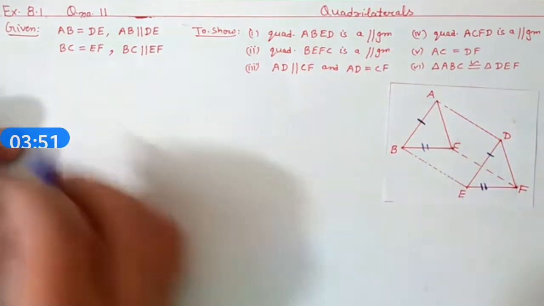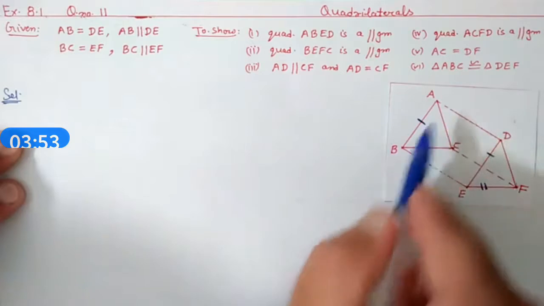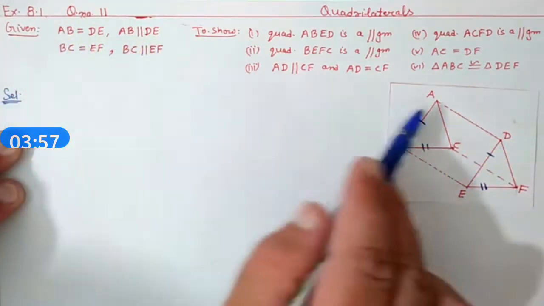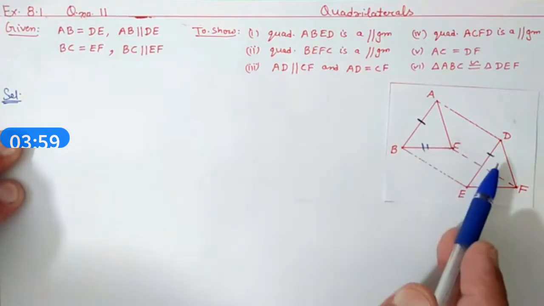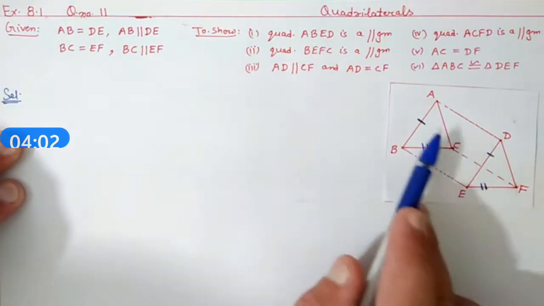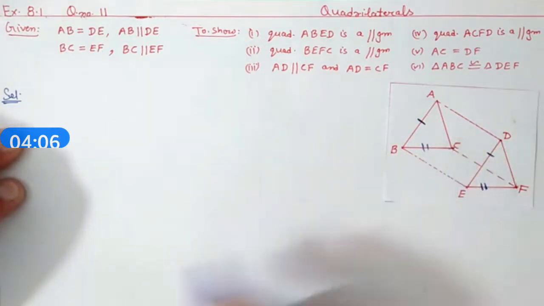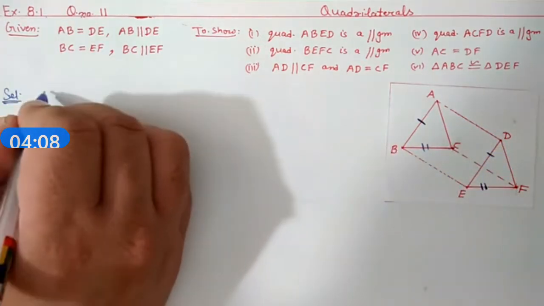Quadrilateral ABED. You can clearly see that AB equals to DE and AB parallel to DE is given. If one pair of opposite sides is parallel and equal, then that quadrilateral will become a parallelogram. So you need not write anything extra from this.